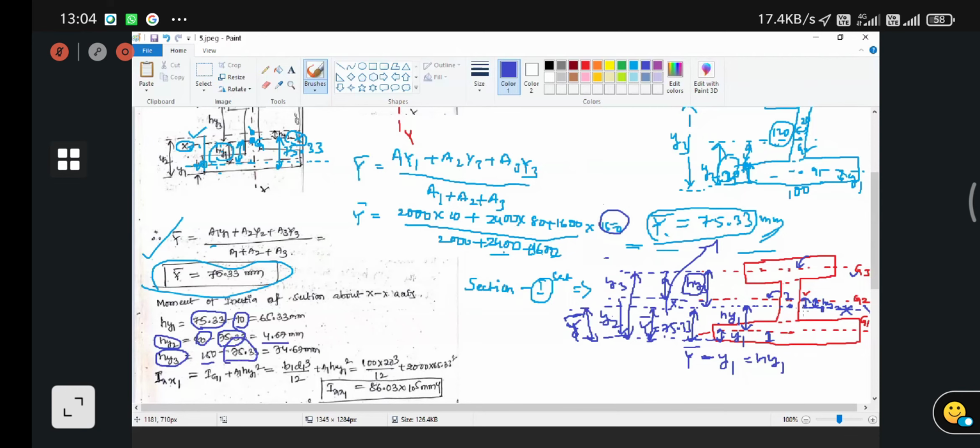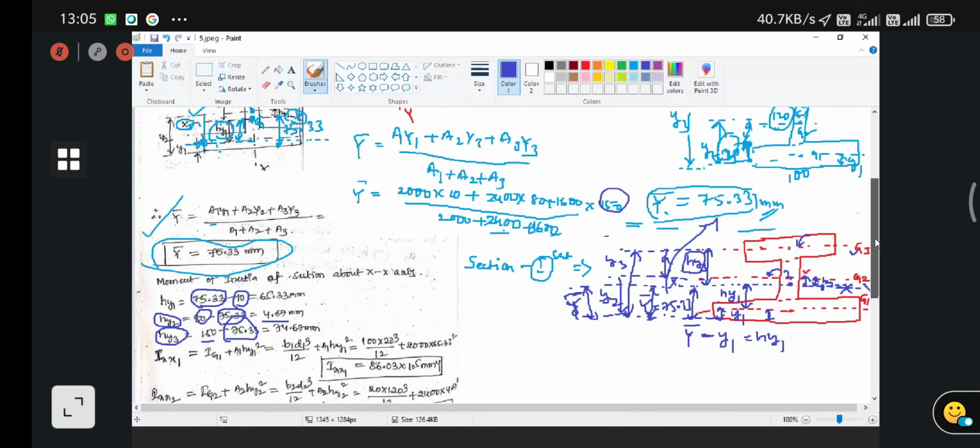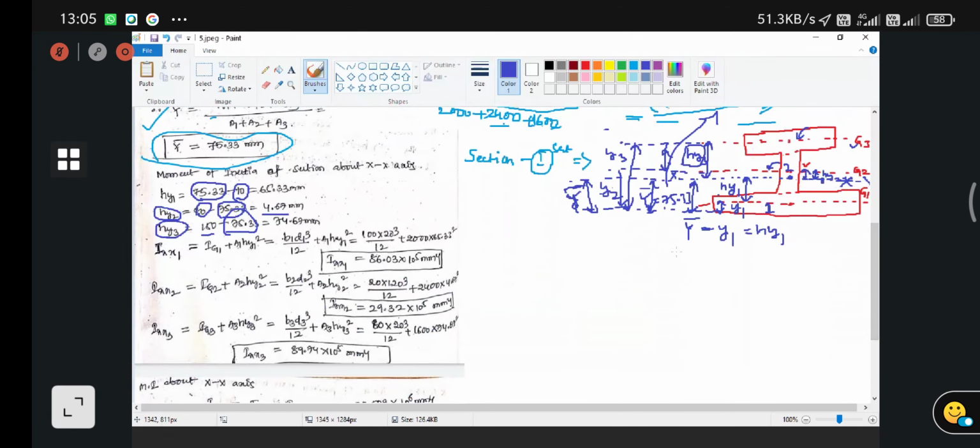So after getting these values, see here, what is my ultimate aim? My ultimate aim is to find the individual section moment of inertia about the central axis.